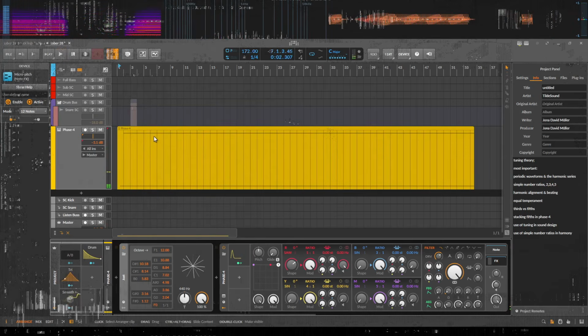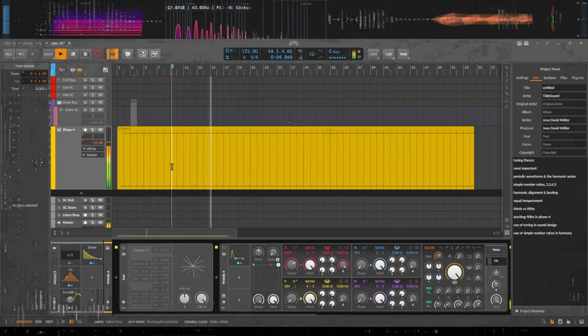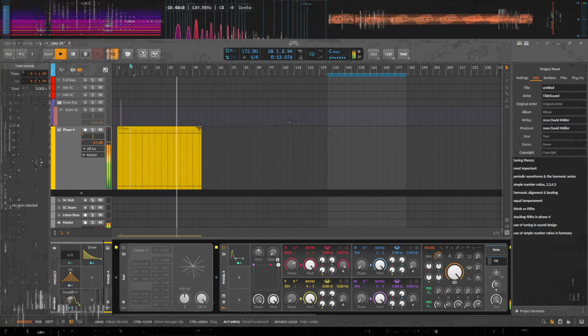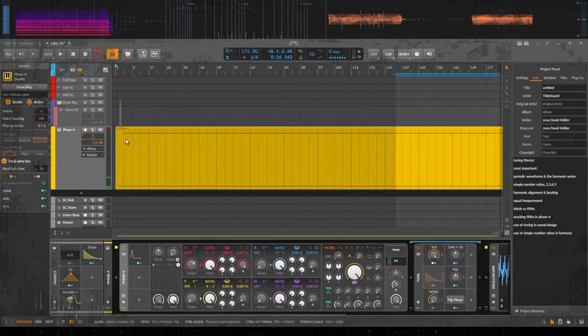This is perfectly stable, and this is almost perfectly stable. So that's really quite interesting.